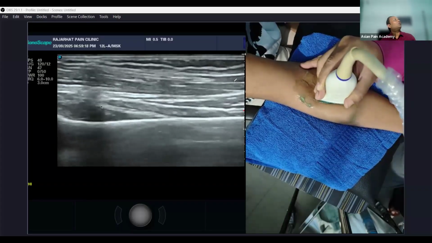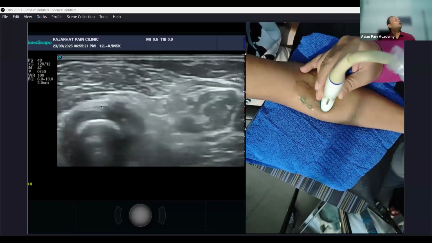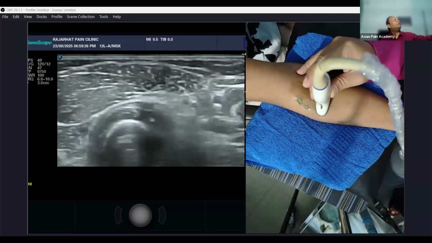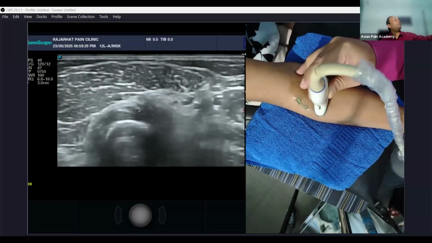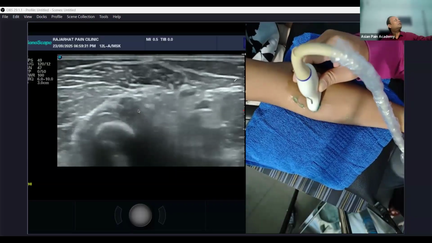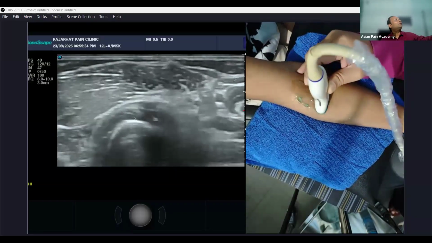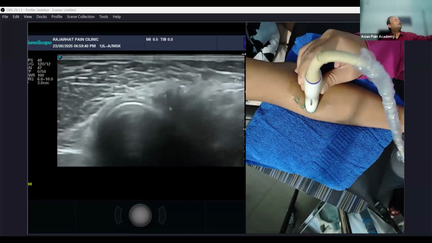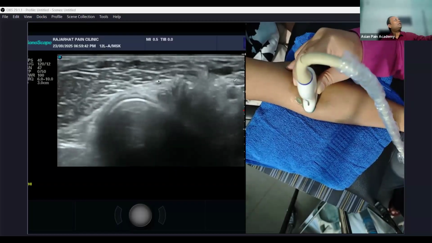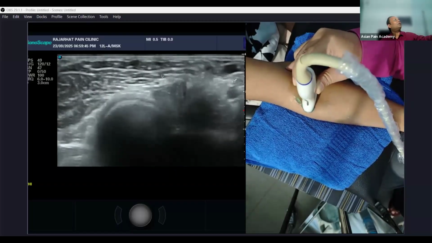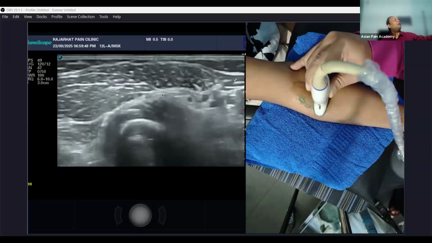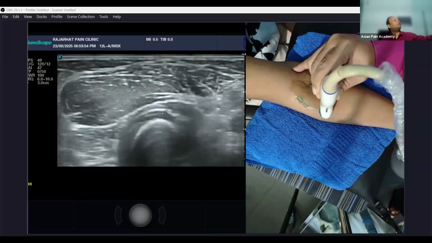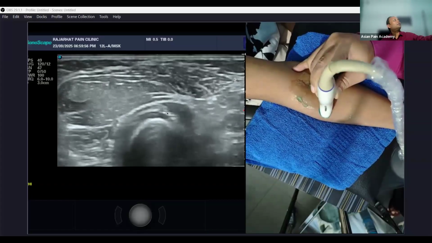If I make it in a short axis, this is the deep branch inside, so this is the radial nerve inside. Here this part is the complete radial nerve. From here, the separation is not very clear, but this is the deep nerve.